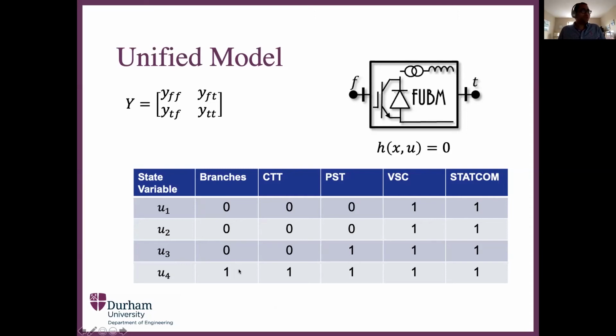But you do still have some control variables. But for example, for a voltage source converter, you have maximum level of control. In a voltage source converter, you can control everything between the input and the output. And for that, all of the control variables are active. Now, this table is just a representation of the actual model.